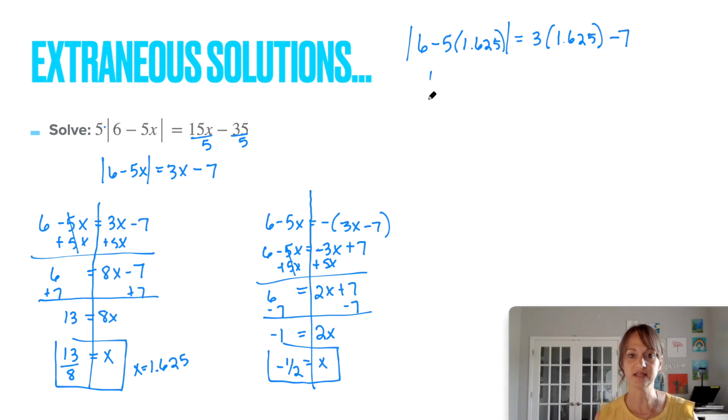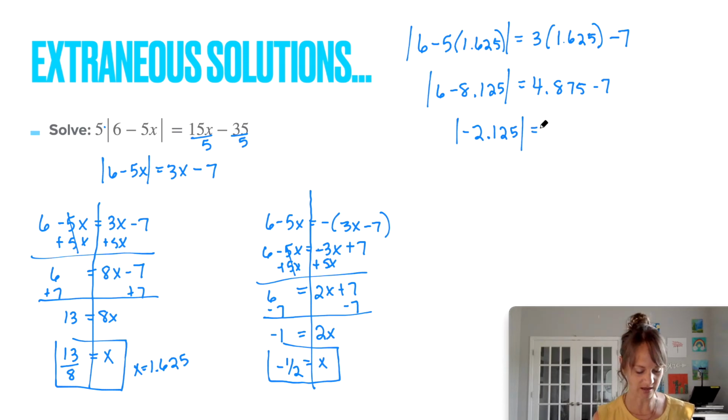So on the left-hand side, we will get 6 minus 8.125. And on this side, we will get 4.875 minus 7. So 6 minus 8.125 gives me a negative 2.125.